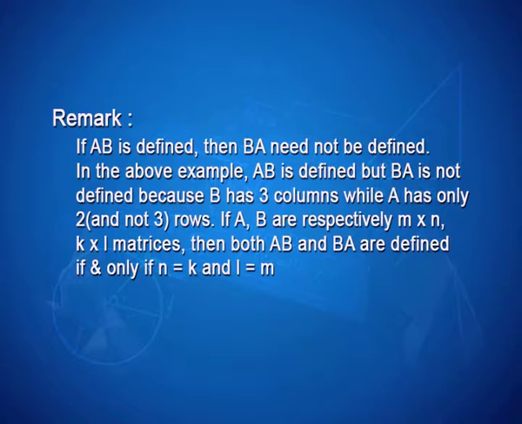If A and B are respectively of order m by n and k by l matrices, then both AB and BA are defined if and only if n is equal to k and l is equal to m. In particular, if both A and B are square matrices of the same order, then both AB and BA are defined.